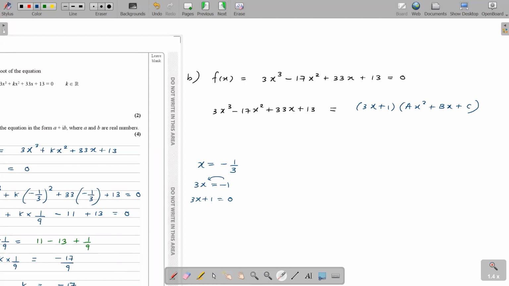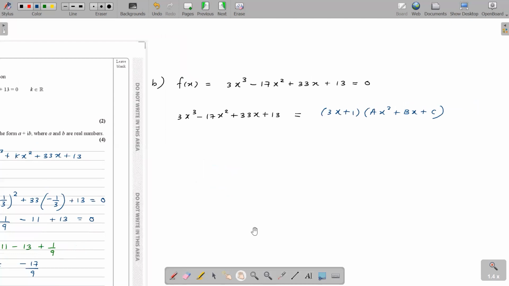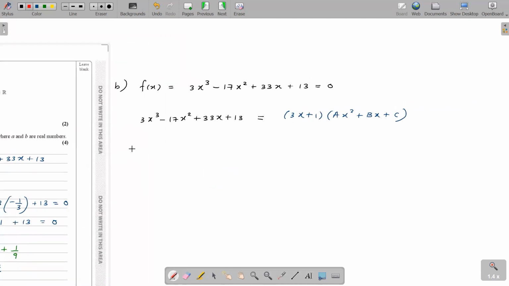yeah, so what can we do here? The other method we can do here is compare coefficients. So how does that work? For example, x cubed. Take the easiest ones. How do I compare the x cubed coefficient? Here we have 3x cubed. That's the only x cubed coefficient. How do I get x cubed on this side?